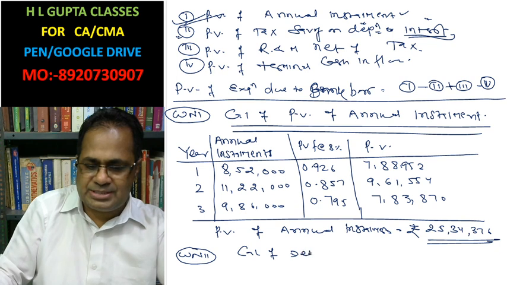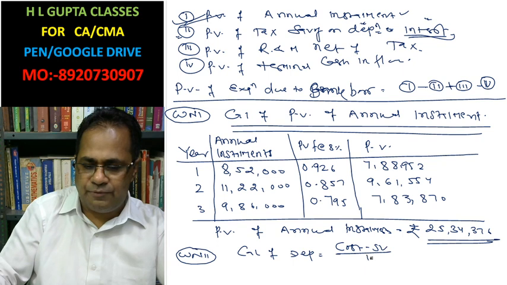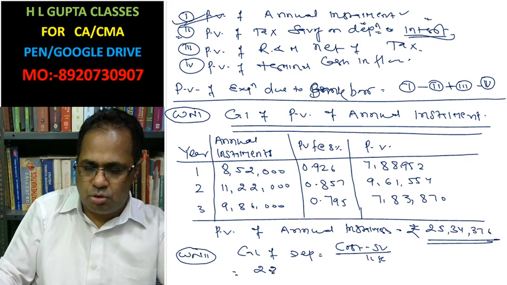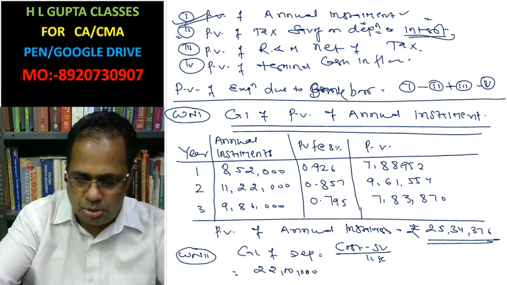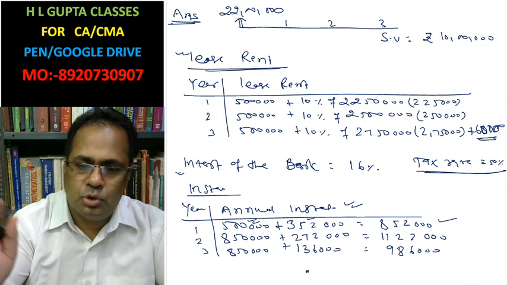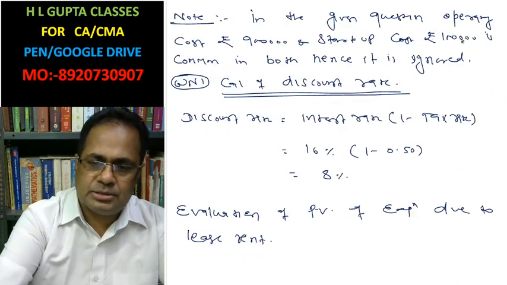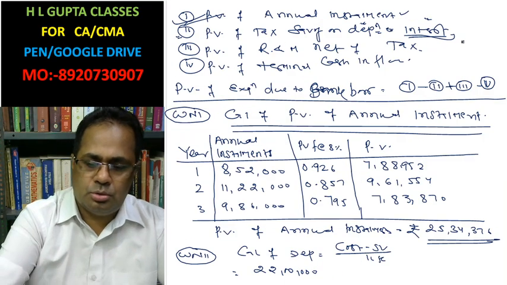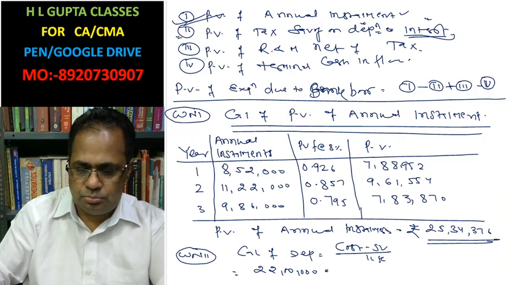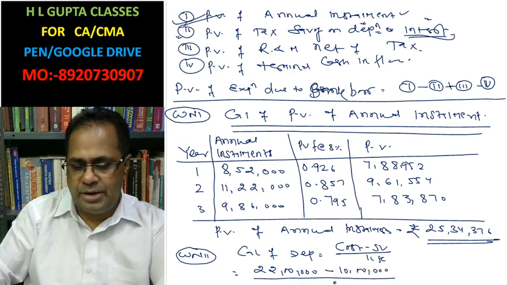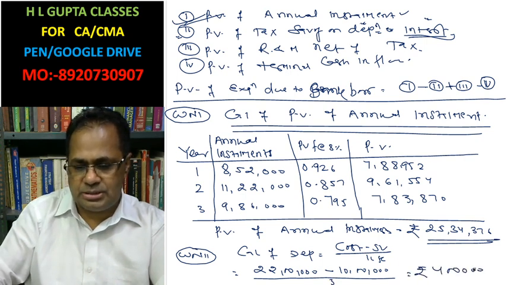Calculation of depreciation: that is cost minus scrap value over life. In the given question, 22 lakh is the cost, and after 3 years the scrap value is 10 lakhs. 22 minus 10 lakh, and the life is 3 years, so rupees 4 lakh is the depreciation.